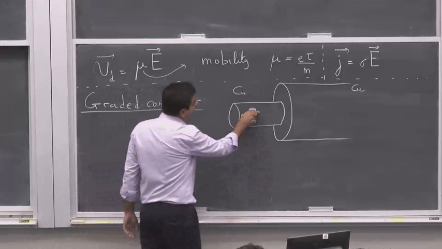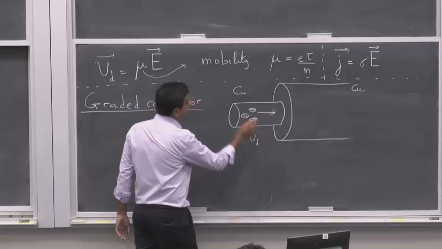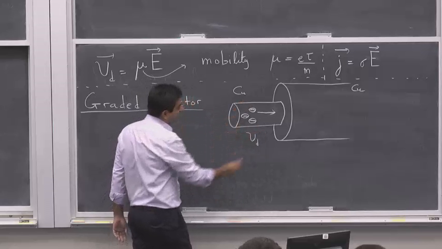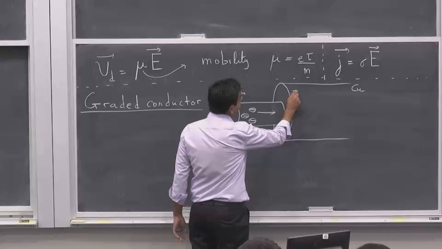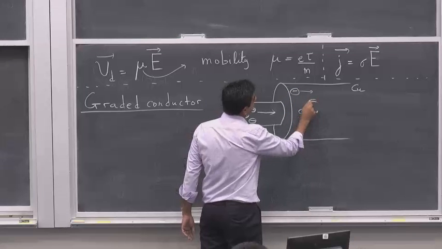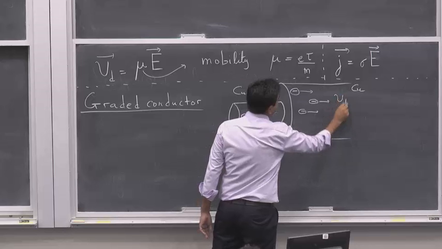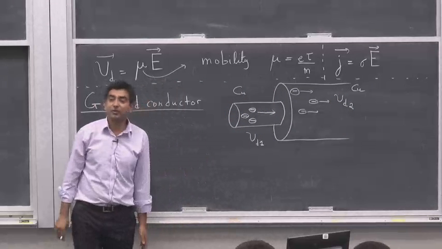And these electrons, suppose they are flowing in this direction. So the drift velocity of the electrons in this medium is Vd1. And the drift velocity of the electrons inside this medium is Vd2. Now we'll have to determine whether these drift velocities are the same or they're different.